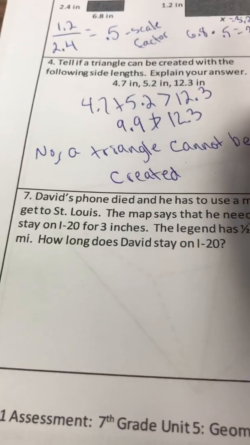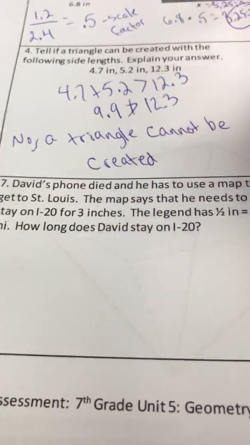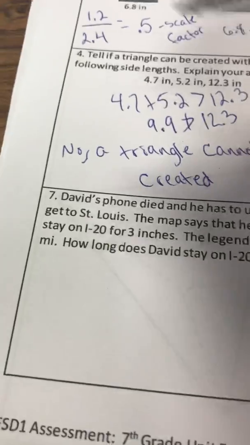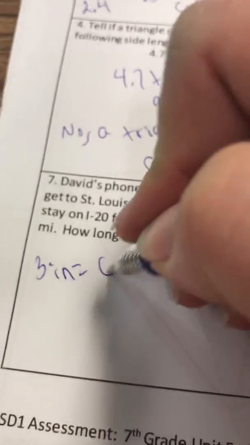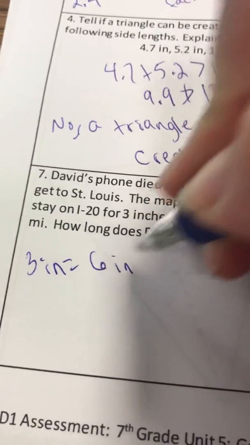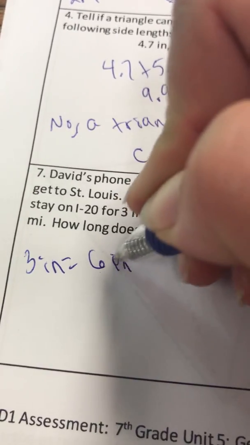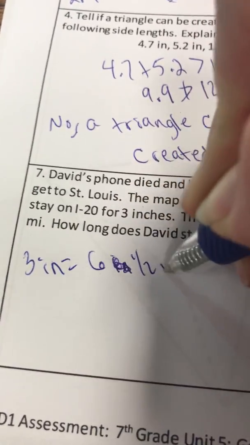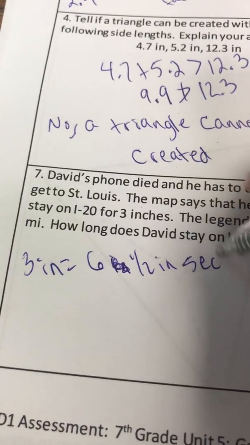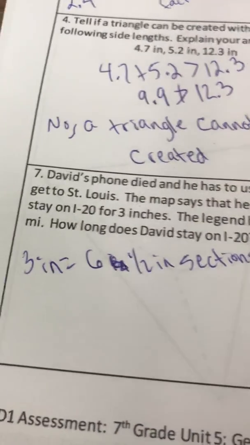So, we need to go from 1/2 inch to 3 inches. 3 inches is equal to 6 1/2 inch sections, correct? Okay?